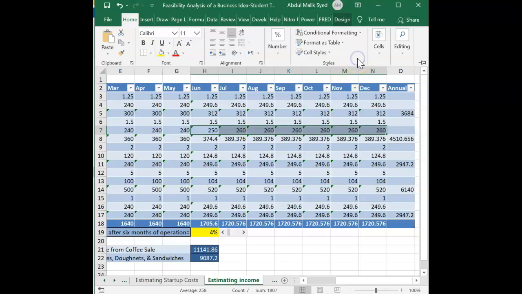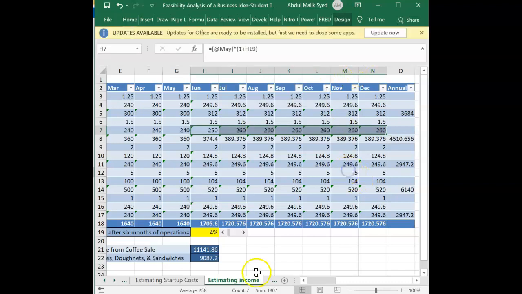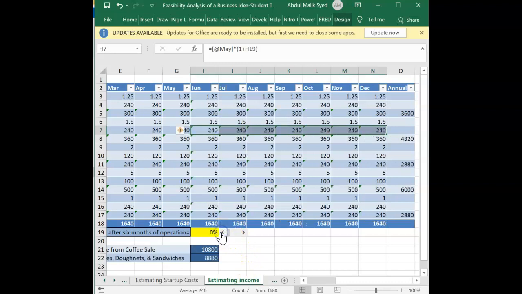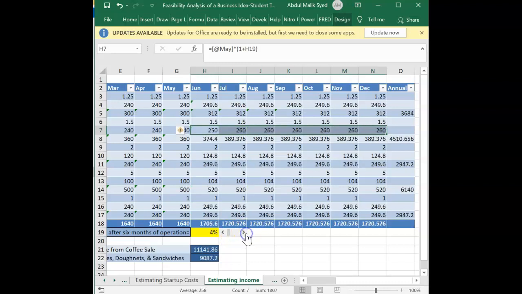So depending on the growth rate, you see things are getting reflected. This is how we can do the changes.